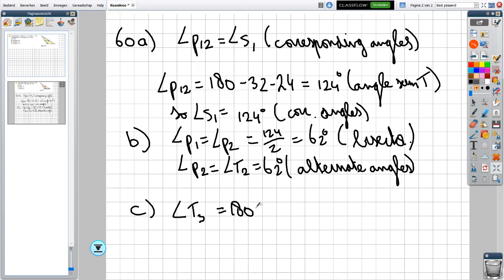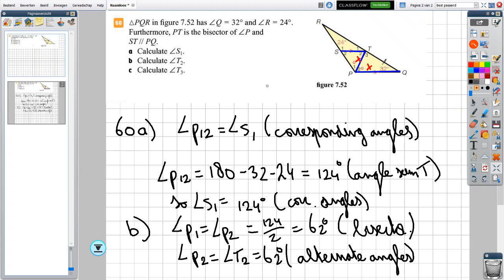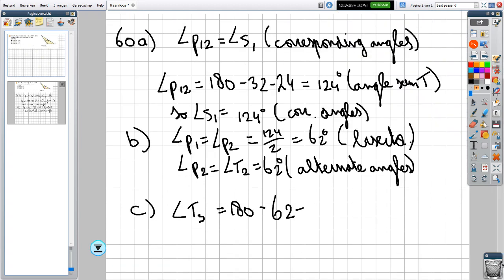Angle T3 is going to be 180 minus 62 minus, and now I have to take a look again. So this is 62, right? And minus 32. Like this. And that's going to give you 86 degrees. Why? Angle sum triangle.